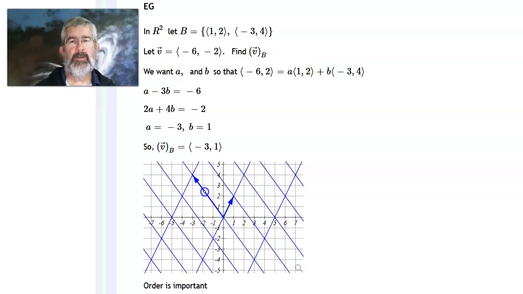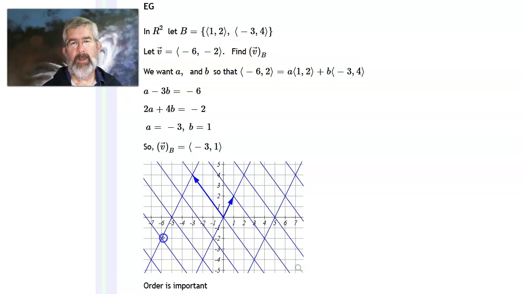But with these two as the basis, my grid becomes a bunch of parallelograms. Right? But it really lets me see what's going on here. Because when I talked about the point negative 6, negative 2, that's with respect to the usual basis, right? So go negative 6, negative 2. That's this point right here. Right? This point right here, which happens to be nicely on that grid of blue lines.